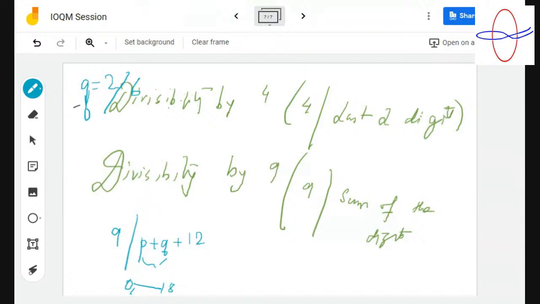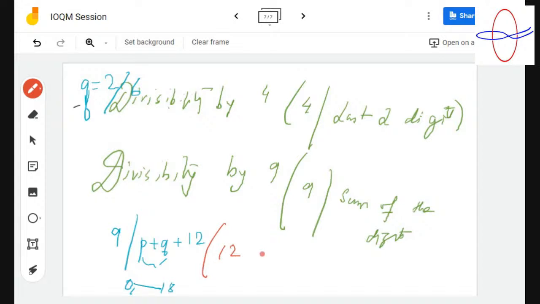Can you tell me what is the value? Right? So observe. Try to find the range of p plus q plus 12. Why can it be 18 to 20? What can be the range? 12 to 30, right? 12 to 30. p plus q plus 12.